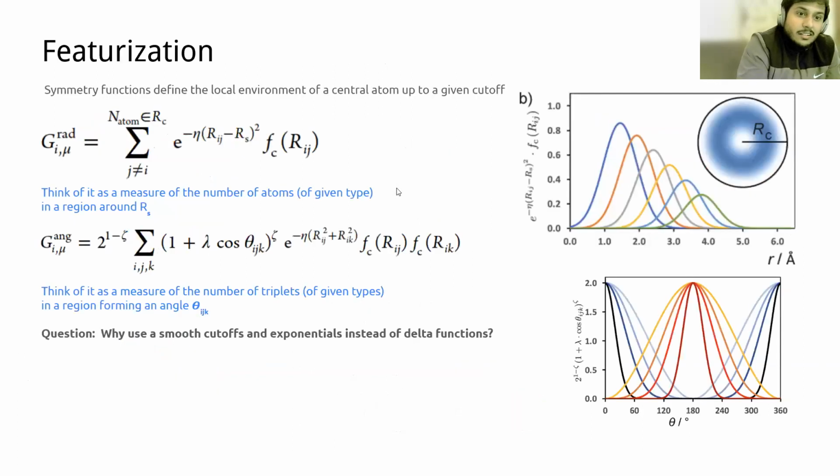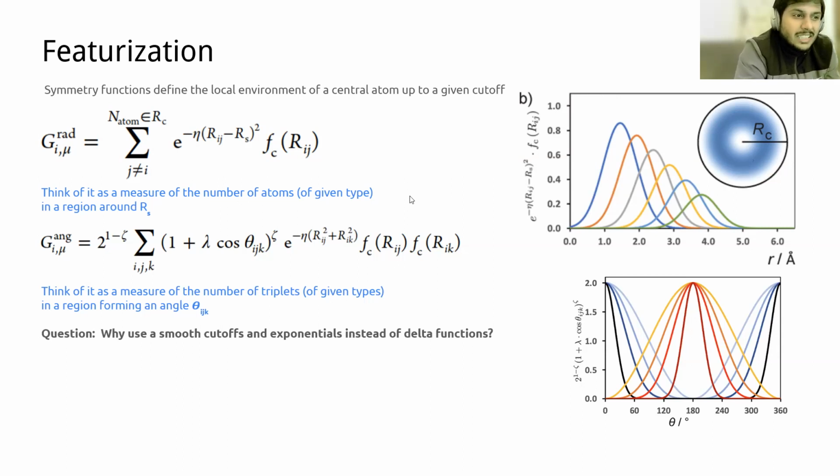So again, a recap of what exactly are these features. Well, the idea is simple. You sit on a particular atom, and you can ask yourself, how many atoms are there at a particular distance roughly, or in a particular interval, for instance, between 0.5 and 2 angstroms.